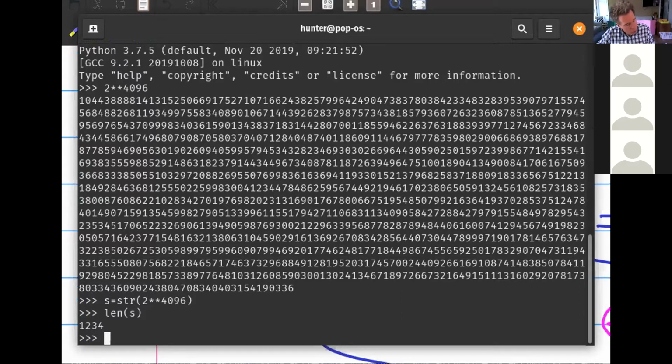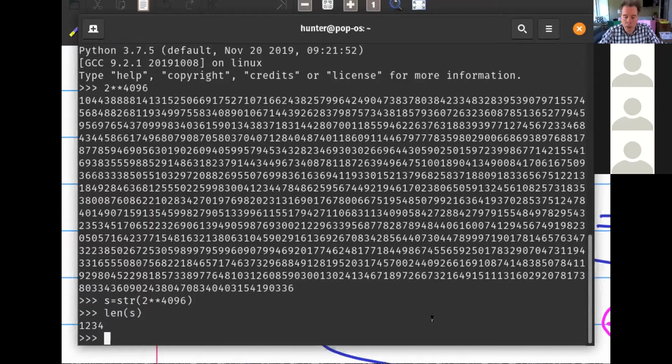Now, one reason that we care so much about GCD is because it lets us find modular inverses. So maybe we should set this up as a question.